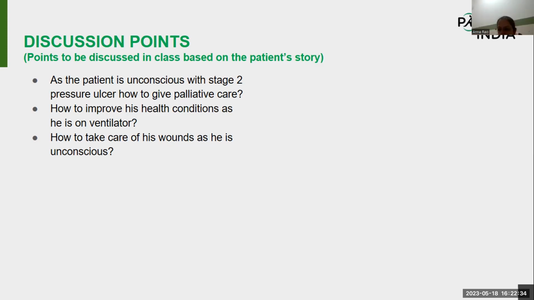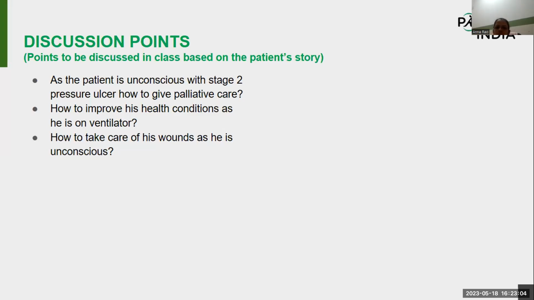Yes, right. And of course, pain is very difficult to score in an unconscious patient, but that also needs to be looked into. And the diet, of course, what diet he is getting. And the patient's relatives are having anxiety, as mentioned.